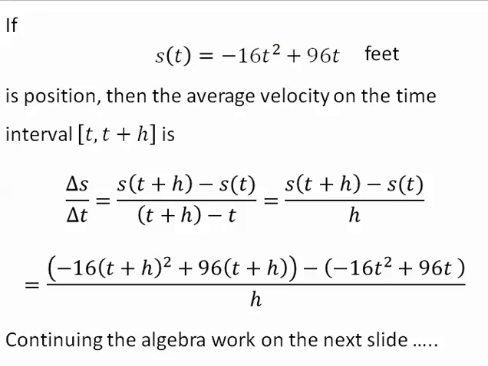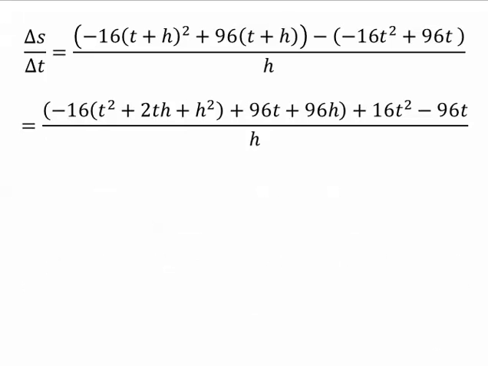So average velocity. Let's square t plus h, and let's distribute the 96 and let's distribute the negative. When we do that, we get the second line.